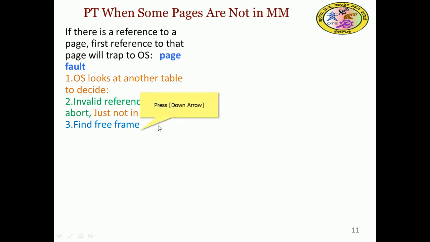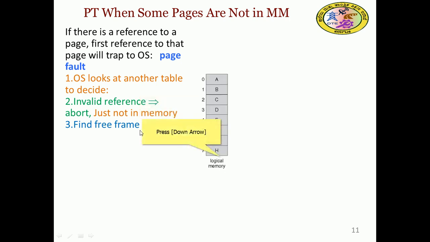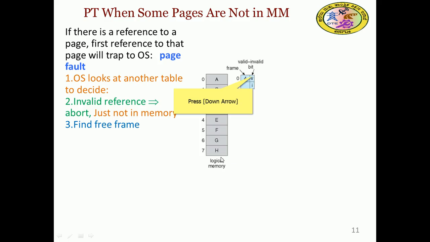Find free frames. Let us consider logical memory consisting of pages 0 to 7 here, A, B, C, D, H. Here we have the page table entry, 0 is 4. 0 is 4 means 0 is the page and 4 is the page frame. That is valid.